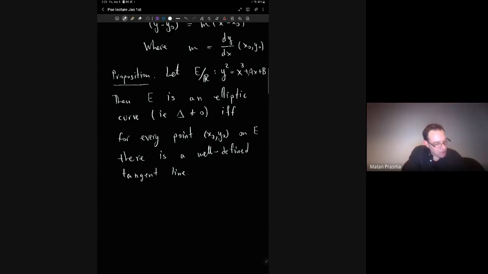And just to give you an example, a non-example, when the tangent line is not defined uniquely, an example.